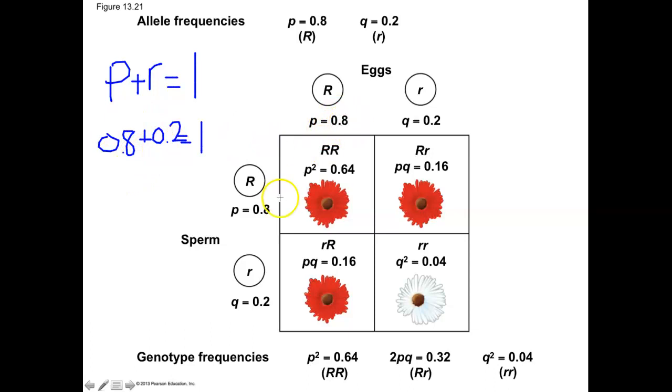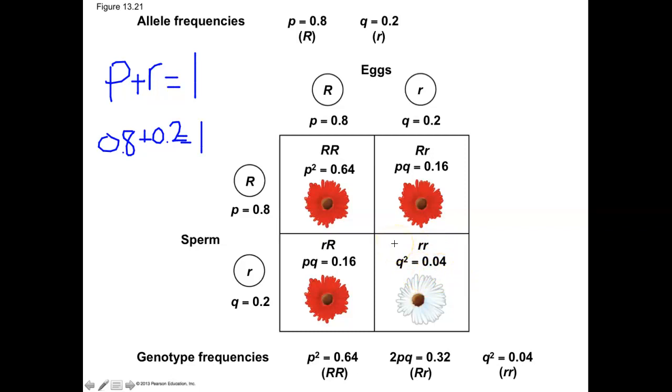You put the numbers in next to your letters. And then when you fill in the boxes, you multiply the numbers. So 0.8 times 0.8 is 0.64, 0.2 times 0.8 is 0.16, 0.8 times 0.2 is 0.16, and then 0.2 times 0.2 is 0.04. So now you have the frequencies of the different genotypes.